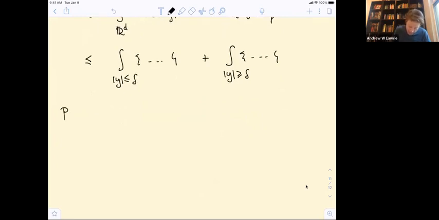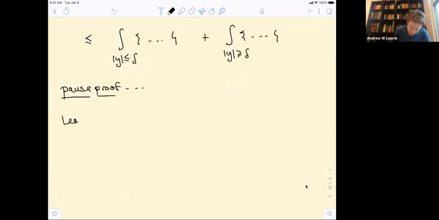So pause the proof, and let's prove a lemma. Let f be in L1 of Rd, and x in the Lebesgue set of f.